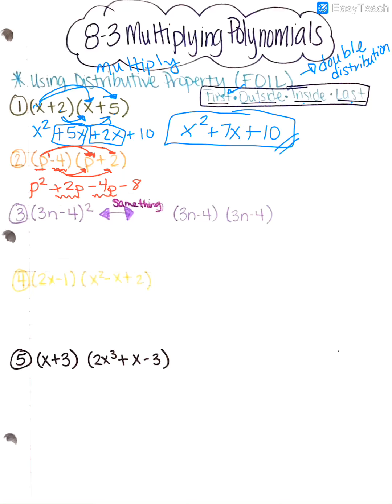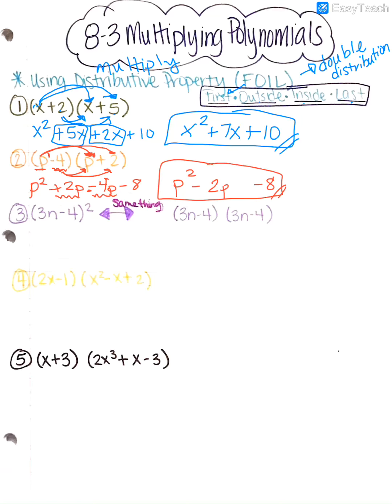And in this case, they're different signs. So we're going to subtract. 4 minus 2 gives us 2. And keep the sign of the bigger number. In this case, it's the 4, which is negative. So we'll put that there. Notice that the p squared and the minus 8 stayed the same. So that will be your final answer.